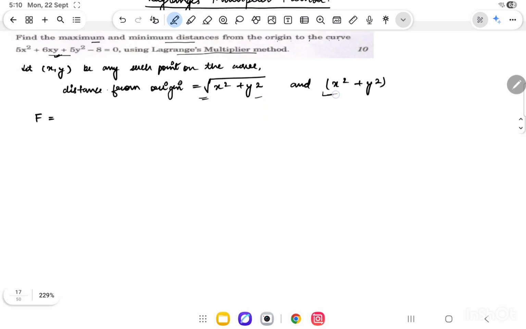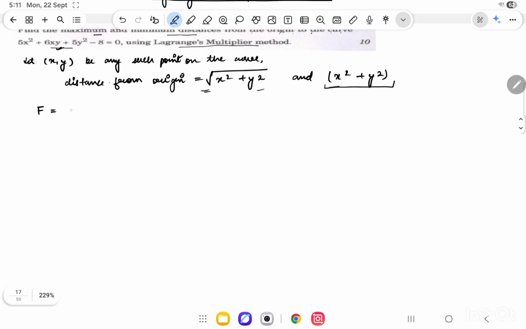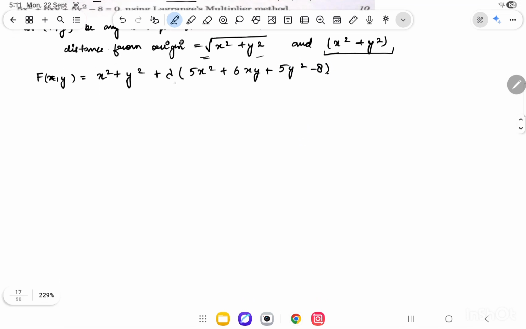So we will use the square to avoid the under root and simplify our calculation a bit. Let us define our function f(x, y) as x square plus y square plus lambda into 5x square plus 6xy plus 5y square minus 8. Here lambda is basically the Lagrange's constant.